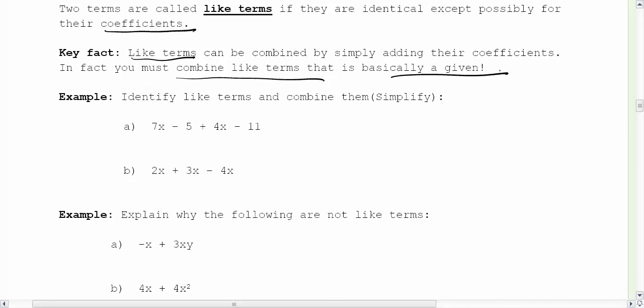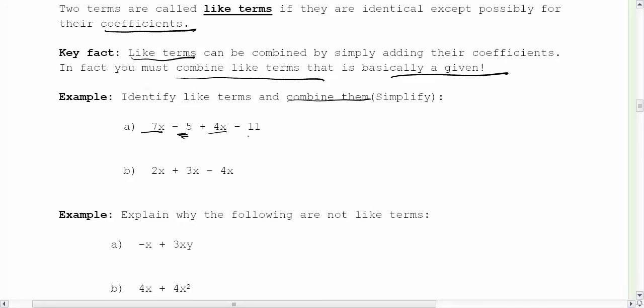Okay, we want to identify like terms and if possible combine them. So, like terms look exactly the same except for the coefficients themselves. So what we're going to do is identify our terms first. 7x and 4x are like terms, because look, they're identical except for the numbers.